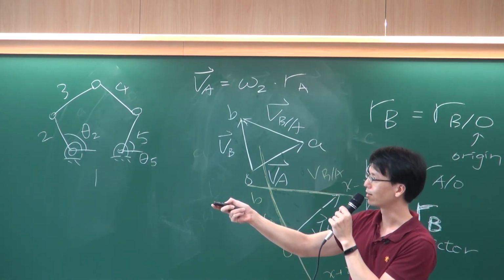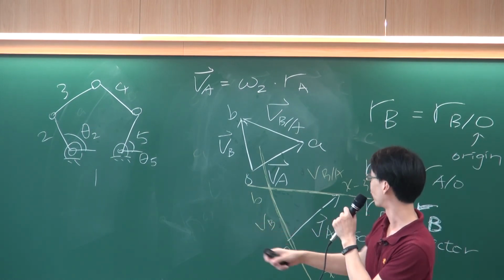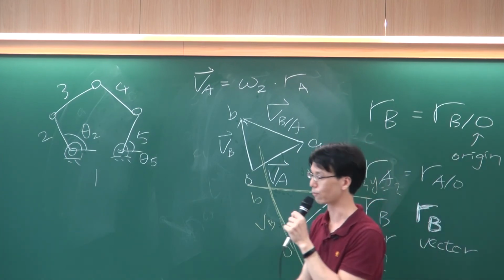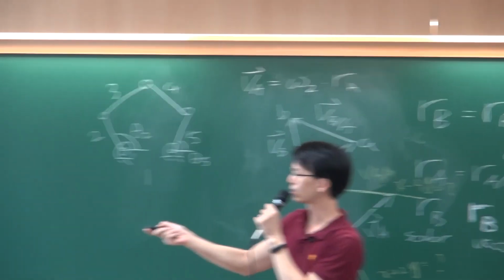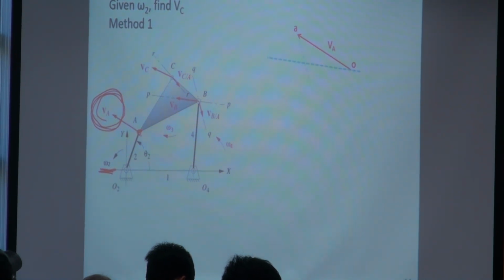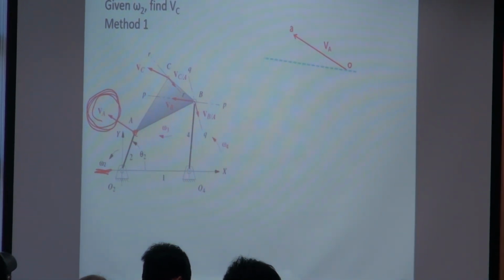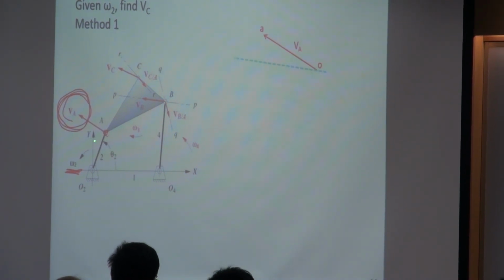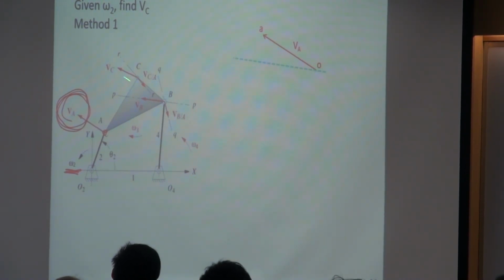But we need to find another line. We need to find the VBA. Let's see if we can find VBA. How can we find VBA? Because this one is a rigid body, the length of BA is not going to change.